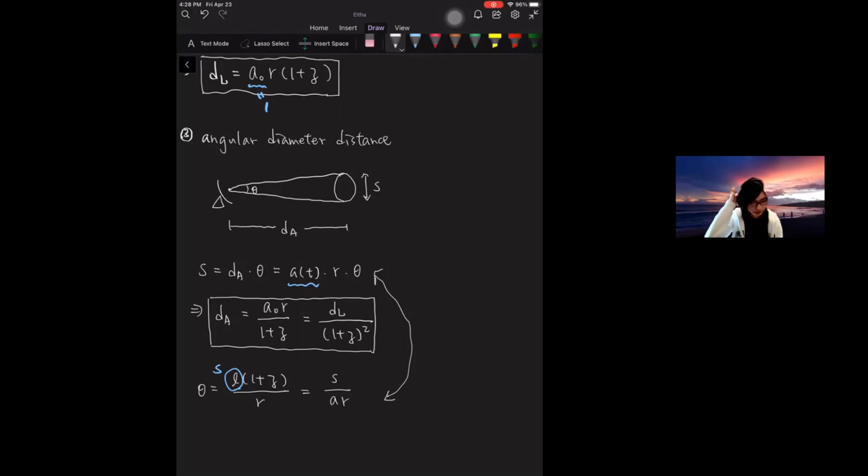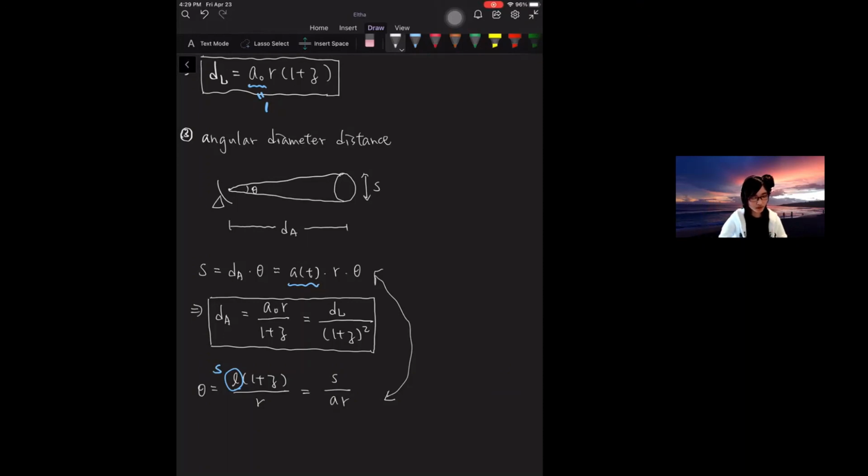Another interesting thing is, although intuitively we know that the angular diameter distance should be longer if the object is further away, if you check up, I'm not sure if this is in the textbook, I think it should be, or if you check on the internet, you'll see the angular diameter distance versus redshift relation is not just growing larger and larger. It grows to a certain redshift and then starts to decay.